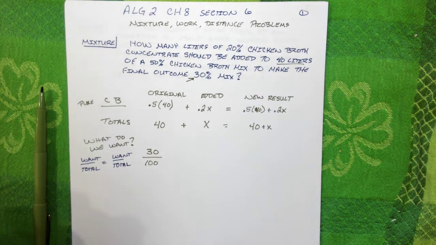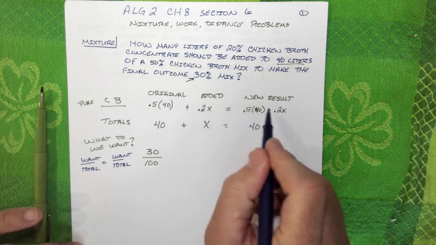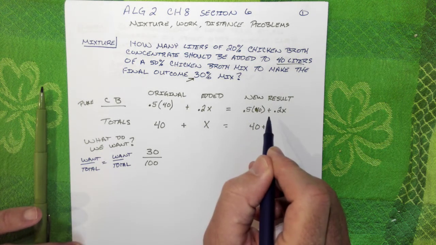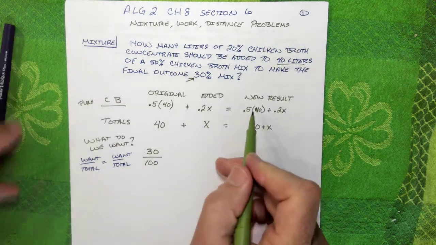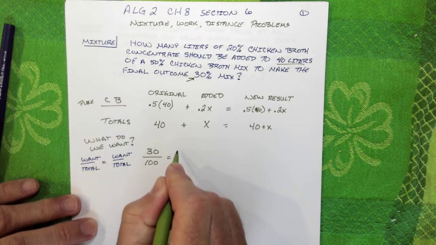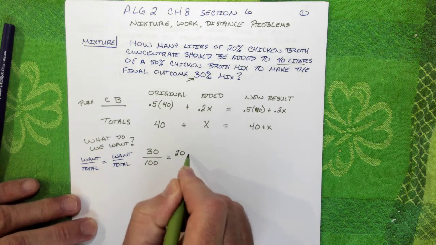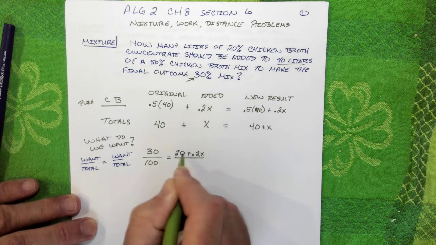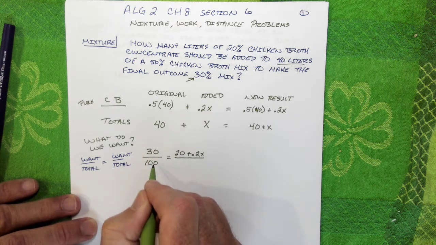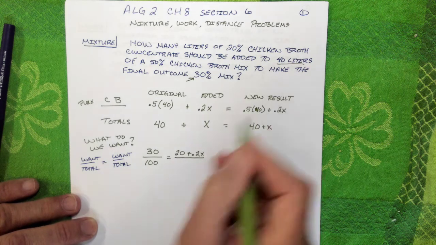As we look back to here, it's kind of set up for us already. So when we set our problem up, now I'm going to take that and make it 20 plus 0.2x. That's chicken broth, that's what we want. So chicken broth to total.